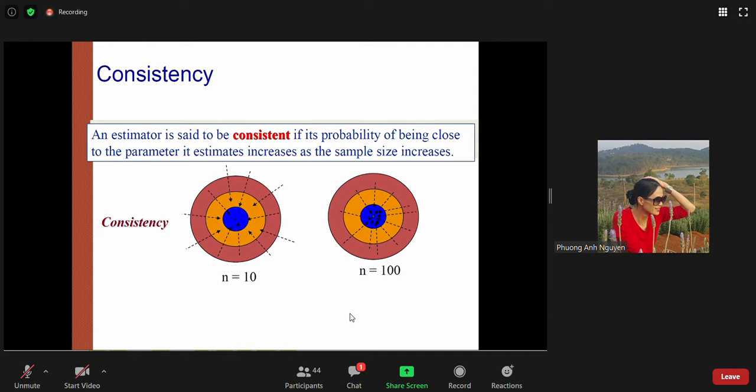The estimator is said to be consistent if the probability of being close to the parameter increases as the sample size increases. Intuitively, you take a first sample with size 10 and a second sample with size 100. Which one is better?